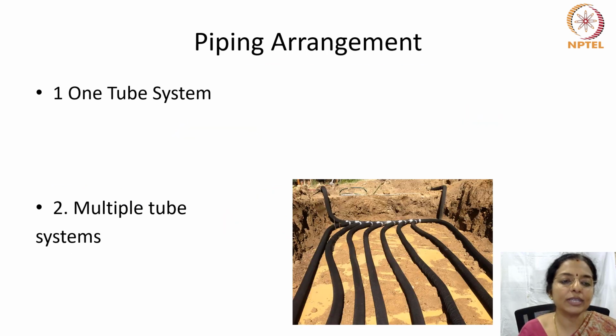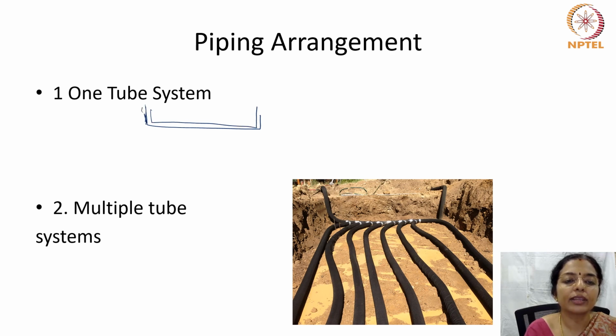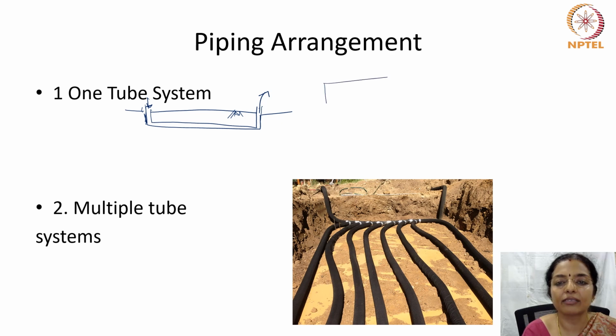So how is the piping arrangement? Now there are two kinds of piping arrangement. One is a one tube system where there is only one inlet and one outlet. When this is the ground, there is only one inlet and there is only one outlet. So if this is a pit, then you will have only one pipe coming like this and leaving the soil.